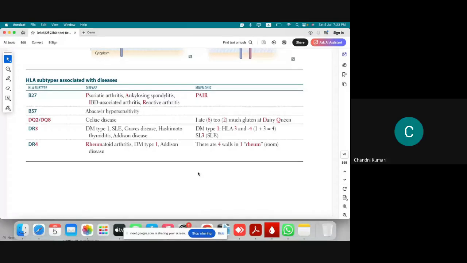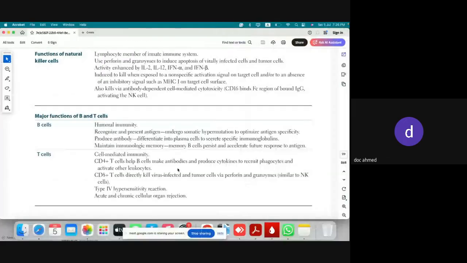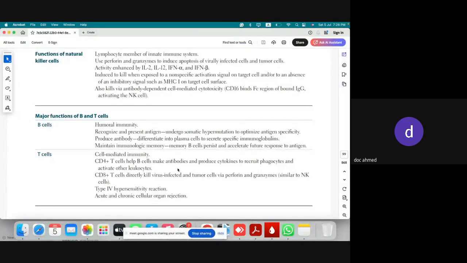Okay, perfect. So let's discuss our next topic, the natural killer cells. We already know what natural killer cells are and what their function is. They are a component of the innate immune system, but they come from a lymphoid lineage.